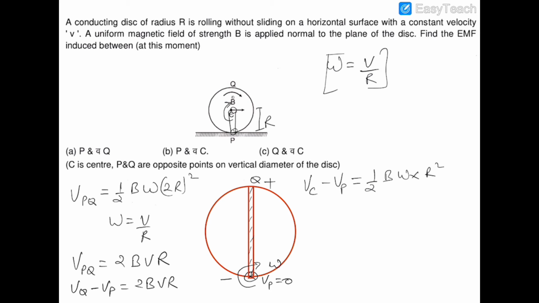Okay, so VC minus VP will be equal to, replacing omega by V upon r, half BVR.